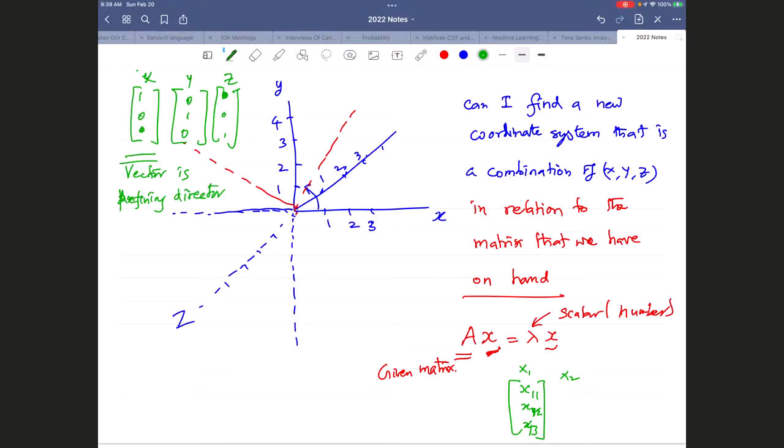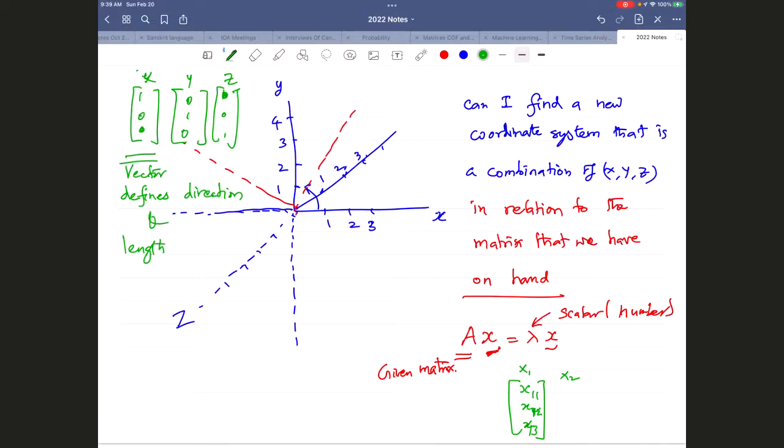Okay, and the length, right? You know that as an engineer, the vector defines direction and length.